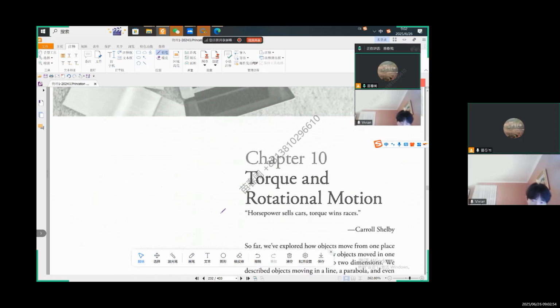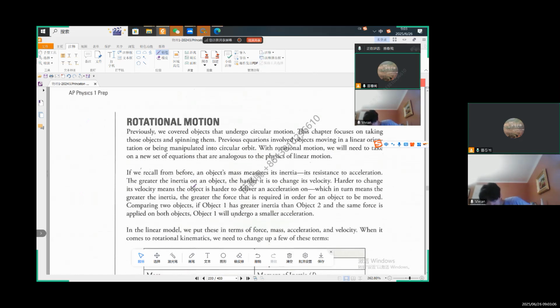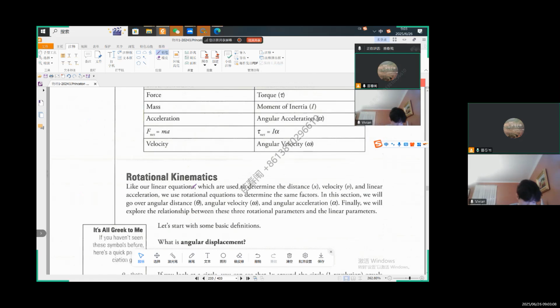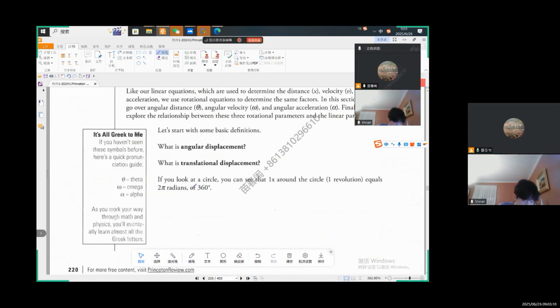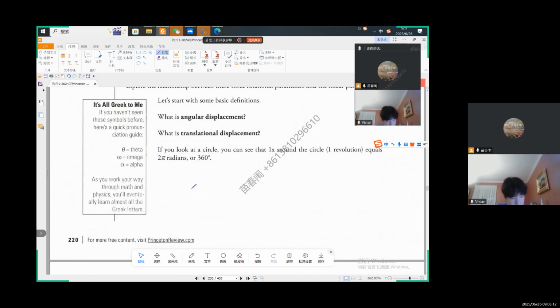Now we did circular motion a little bit before, and now let's talk a little bit more about why it can circle. So torque and rotational motion. Ever heard of angular displacement and translational displacement?